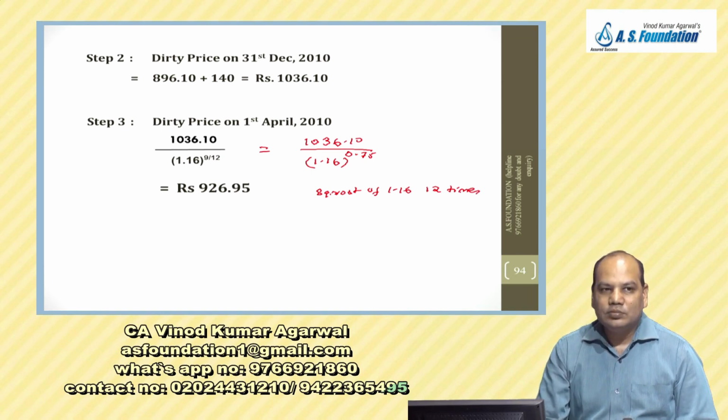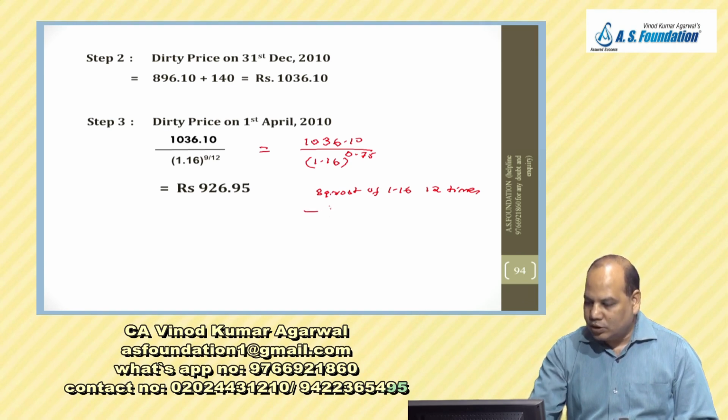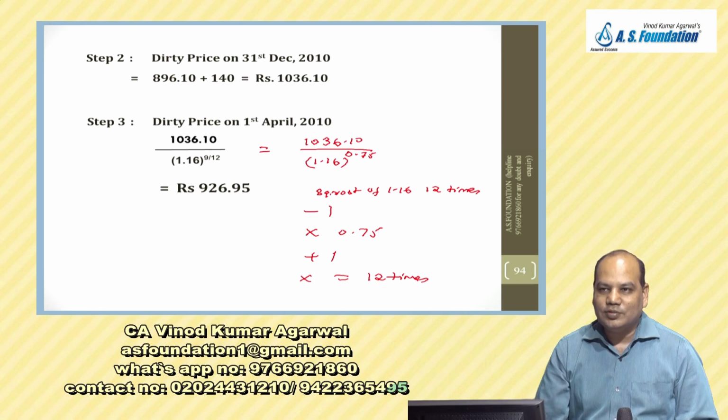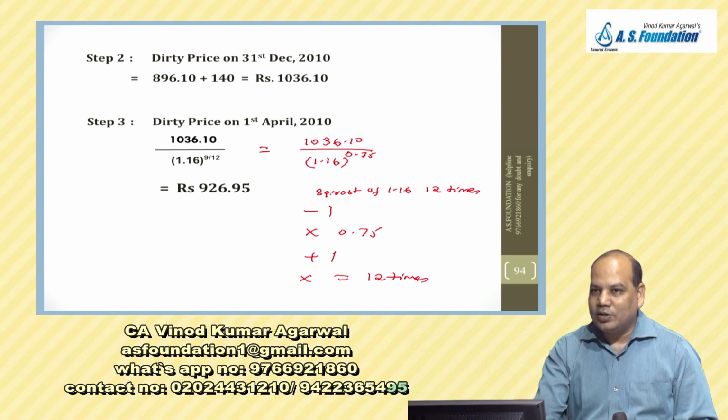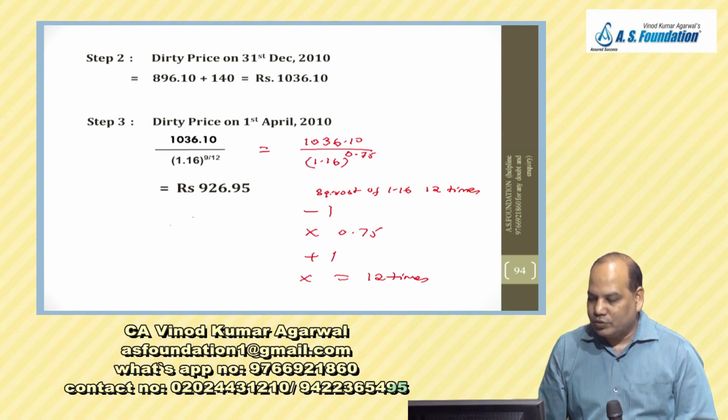Then minus 1, then type minus 1, then into power 0.75 plus 1, multiply equal to 12 times, and then you will get some factor. 1036.10 divided by that factor which you got just now on calculator will give you this number 926.95.